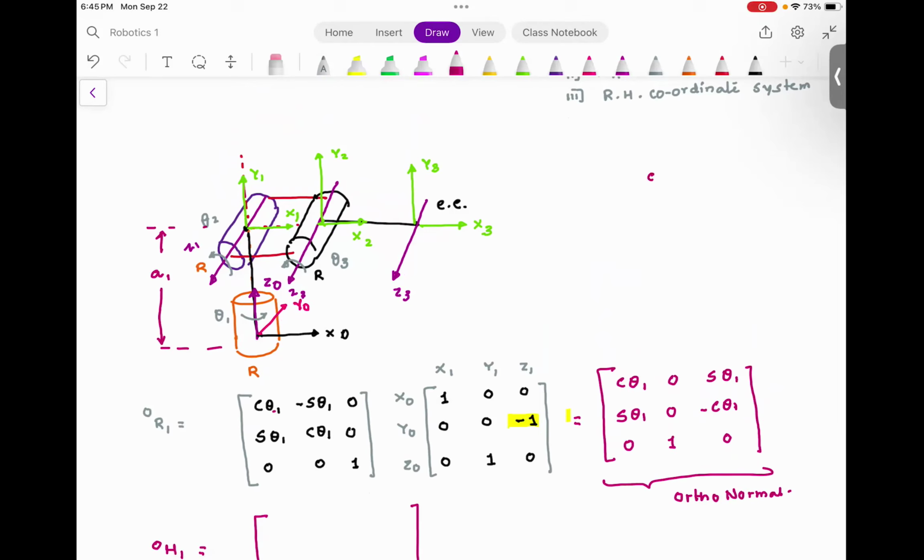Can someone tell me what is the value of A1 for the DuBot magician? Can someone tell me what is the value for A2 for DuBot magician?